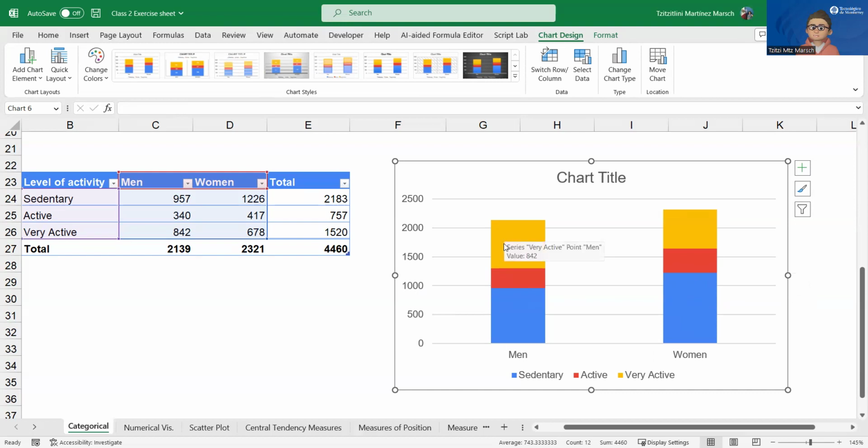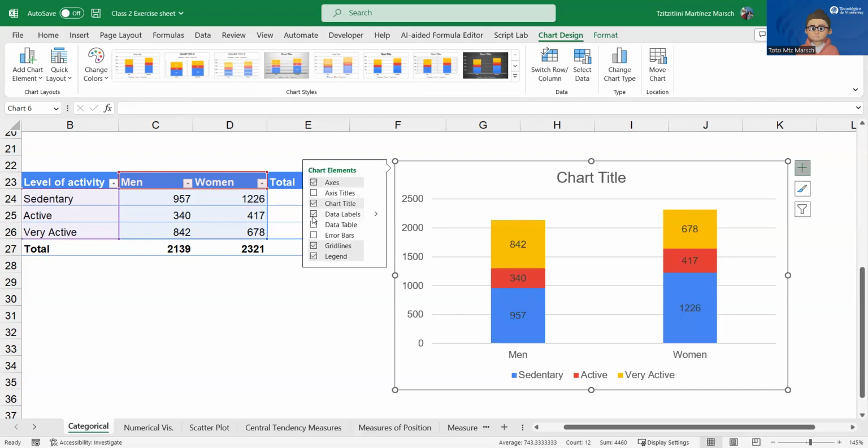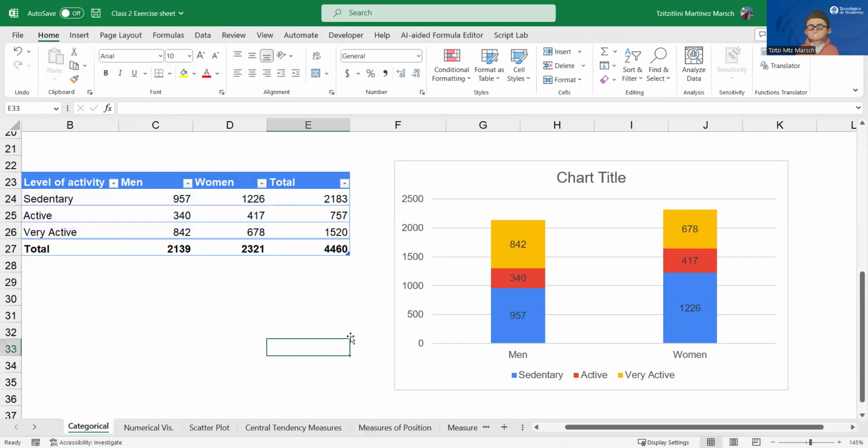And what's curious about this is, for example, for the men, it's not as easy to tell, because they kind of look very similar. So you could always put a label to be able to understand and say, okay, most men are sedentary, just like women, and the next one is both are very active, you have the extremes.